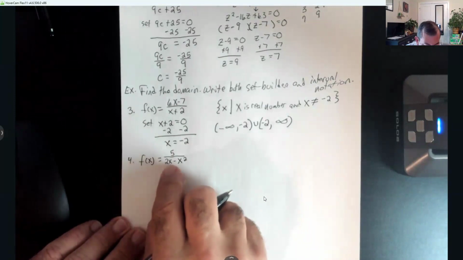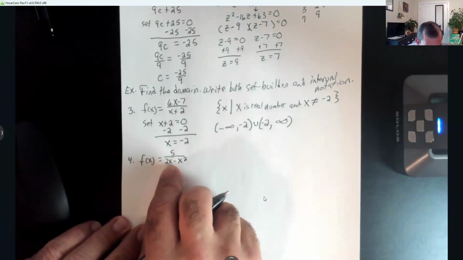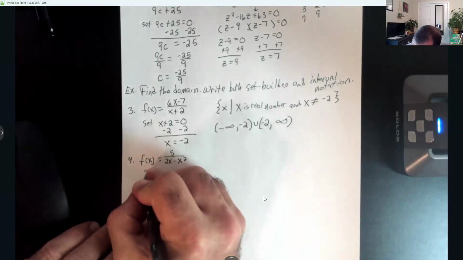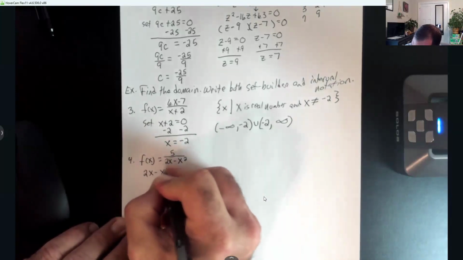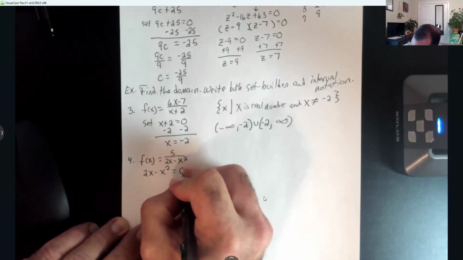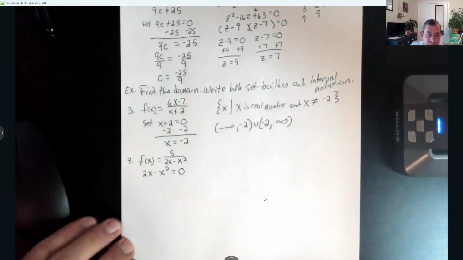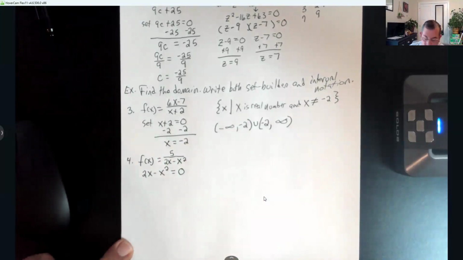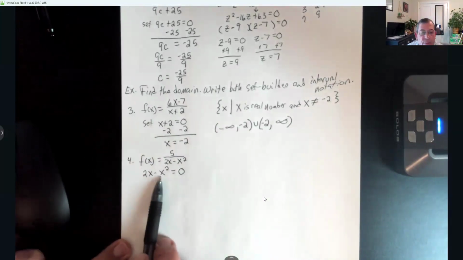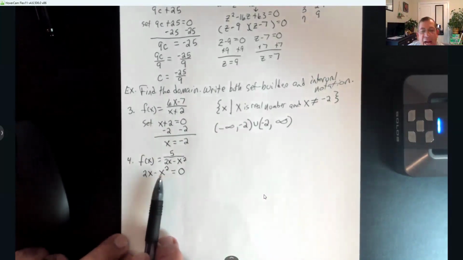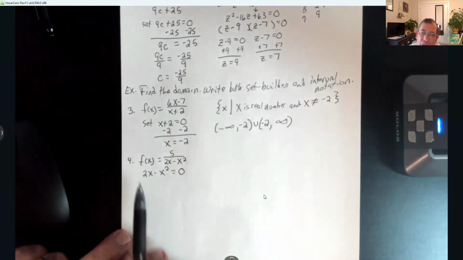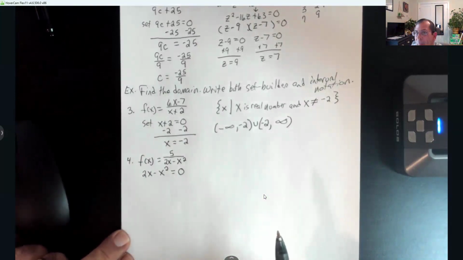So what I'm going to do is take my 2x minus x squared, set that equal to 0. So now I would put this in order and try to solve it using quadratic stuff.